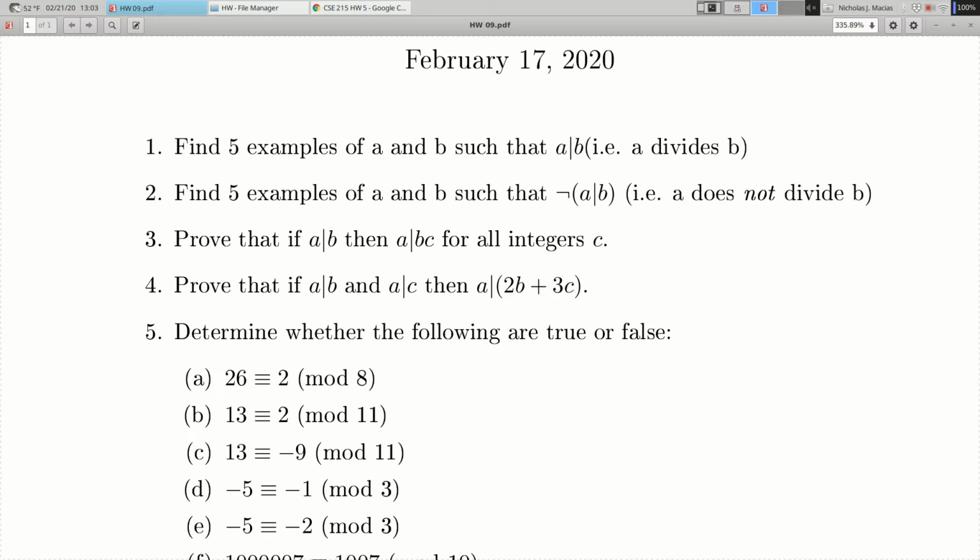Okay, so we remember modular arithmetic. Let me just write an example. A divides 2B. If A divides B, we intuitively know that's always true, right?